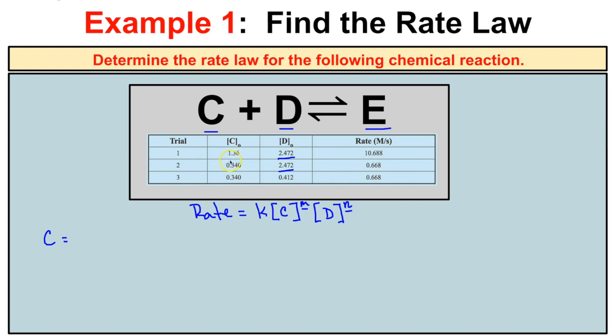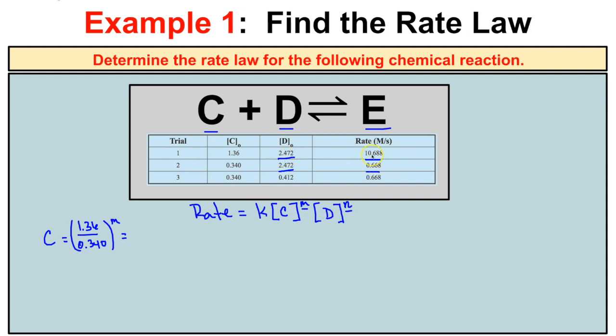If we take a look at these 2 concentrations, we're going to take the higher of these 2 concentrations, which is 1.36, divided by the lower of the 2 concentrations, and we're going to raise this to the power of M, and we're going to set this equal to the 2 rates when we hold D constant.